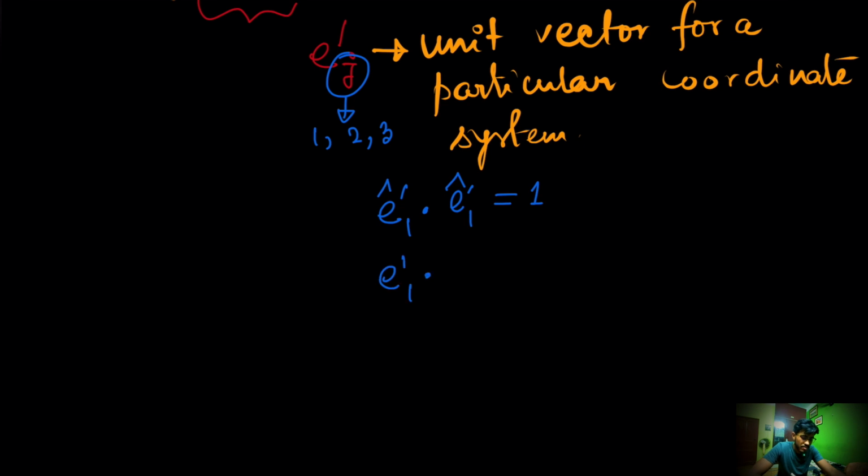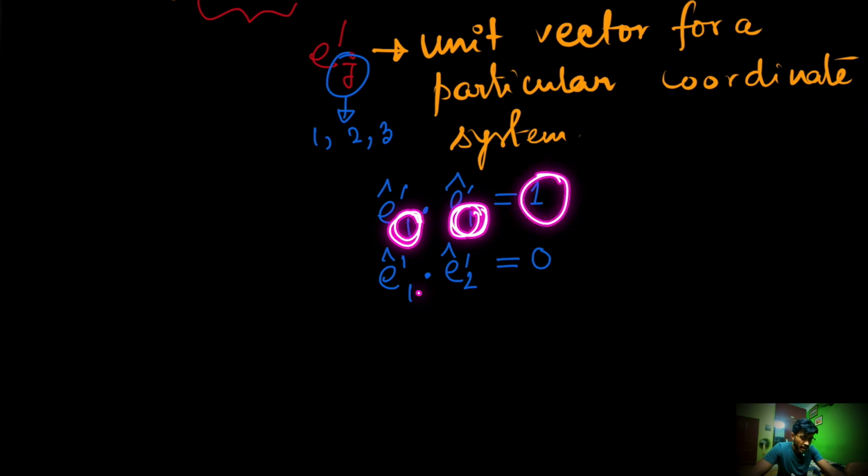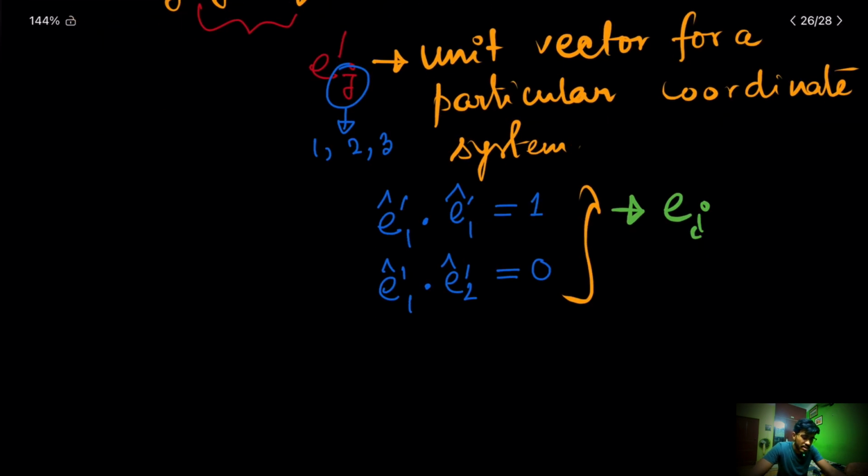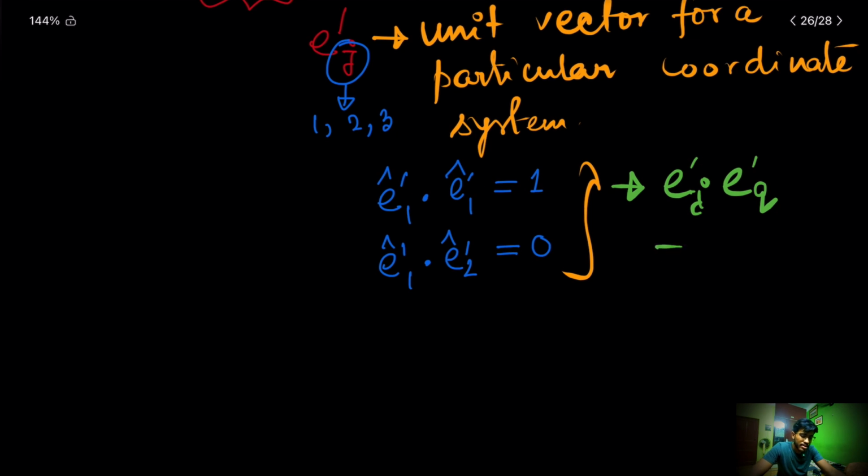And what will this be? This is 0. Okay, so that means if these subscripts are the same, then it will be 1, and if these subscripts are not the same, then it will be 0. Can I write this whole story as ej dash into eq dash equals delta jq?